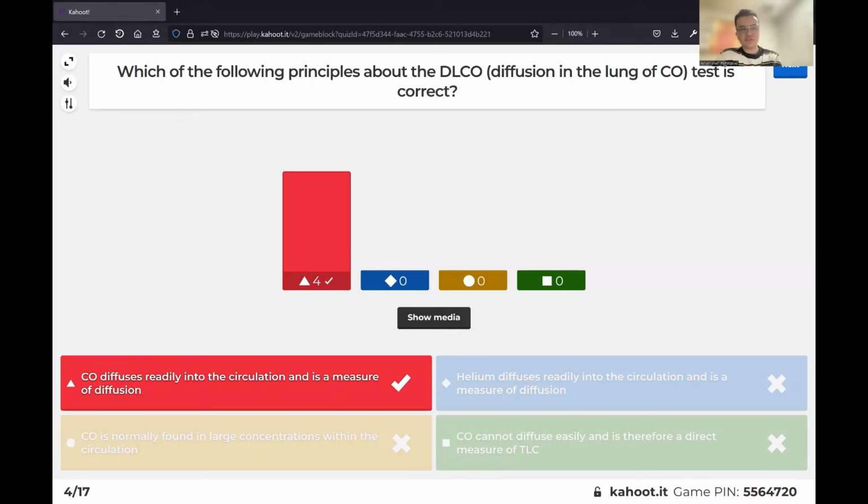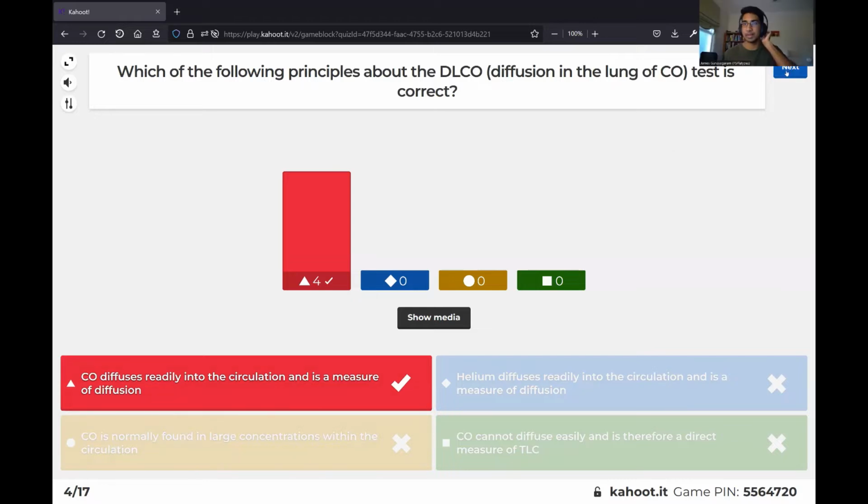So if it can diffuse and there's not enough of it in the bloodstream to confound however much gets into the blood, it's a really good way to figure out how much is diffused. And so it's a measure of diffusion. Whereas helium doesn't diffuse through, it stays in your lung. So if you keep pumping helium in and eventually you won't be able to pump anymore, that can give you an idea about the total lung capacity, which is why B, or blue, is not correct.